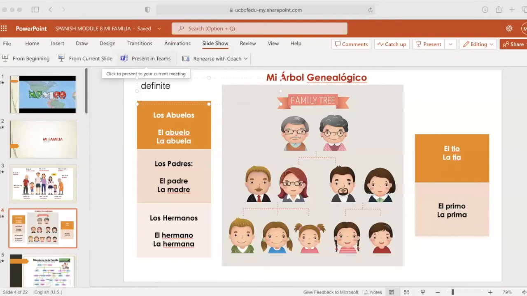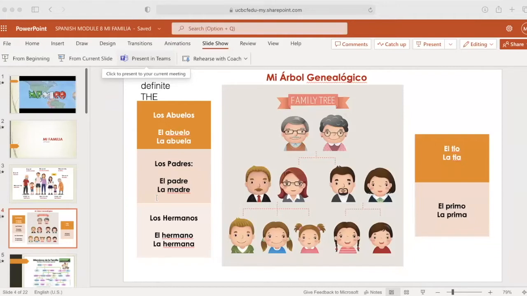The. Okay, muy bien. Definite the, right? It just depends if it's a masculine, feminine, or a group of masculine or a group of feminine, or mix. Okay, so we have here los abuelos because it's a mix of grandfather and grandmother.